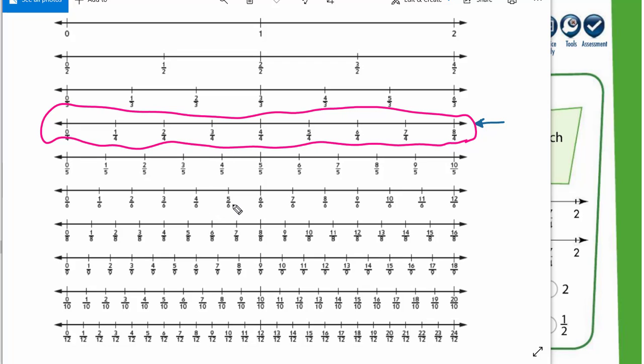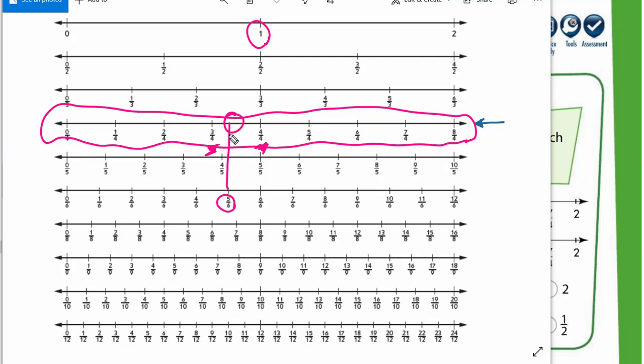For example, if I want to compare 5/6, I will use the ruler and put it here. Okay, I will go up here, and as you can see, 5/6 is between 3/4 and 4/4, which is whole 1.